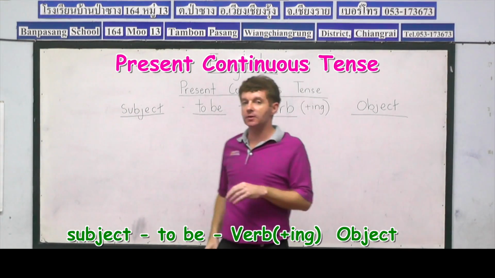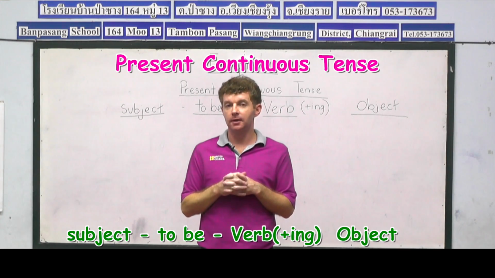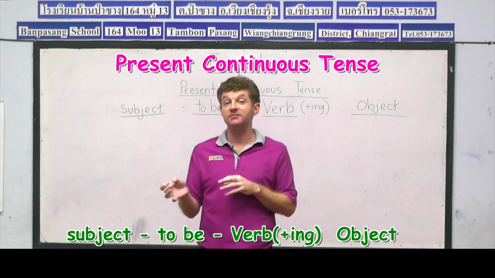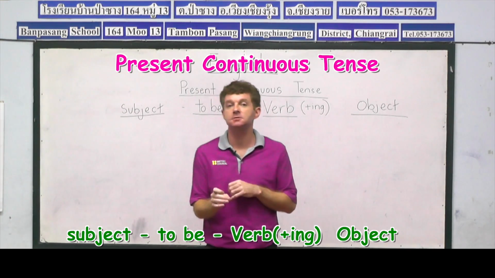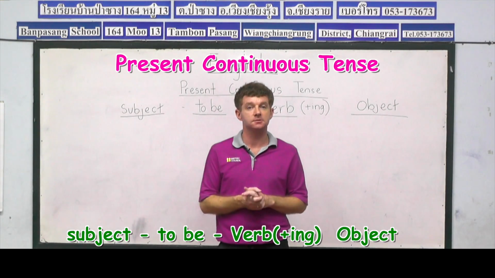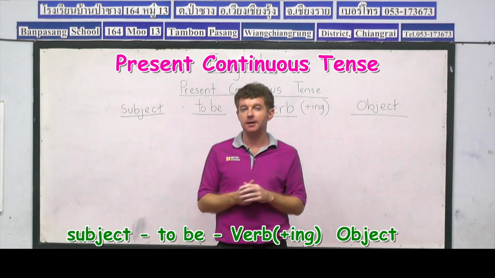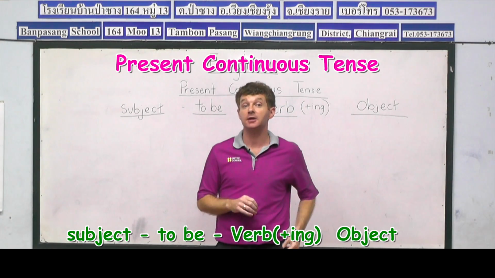Now what I'm going to do, I'm going to ask my students to close their eyes. And I'm going to write a phrase in the present continuous tense. But I'm going to leave out some important details. And that student will need to come forward, see what's missing, and fill in the gaps to make it correct.